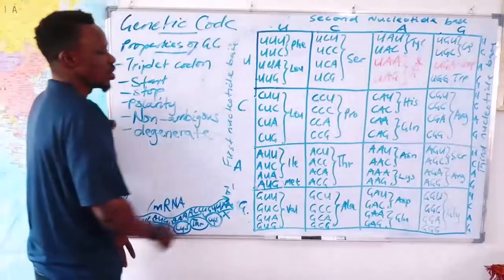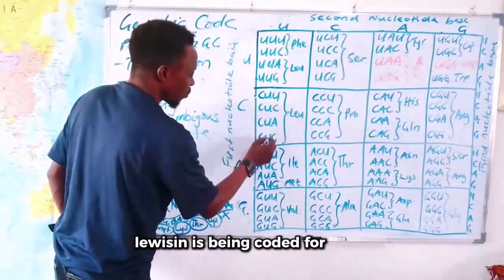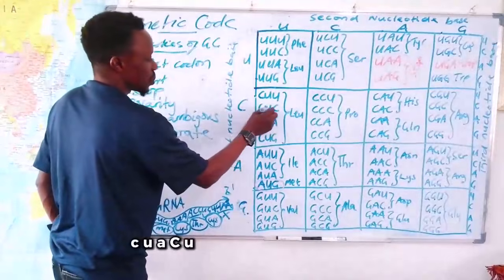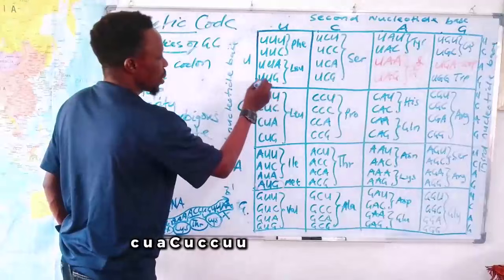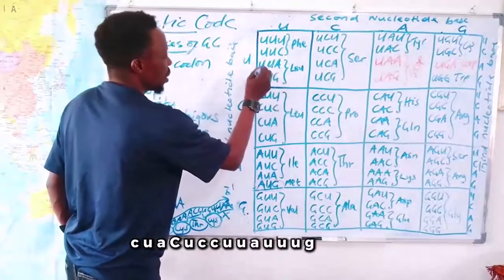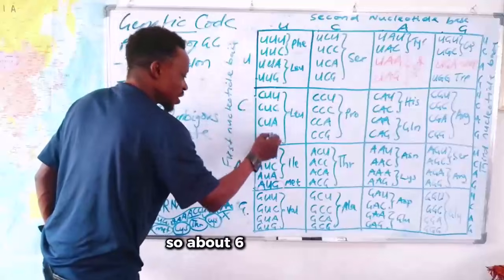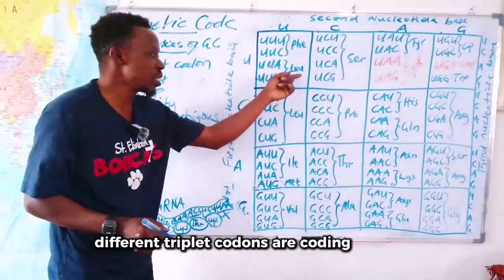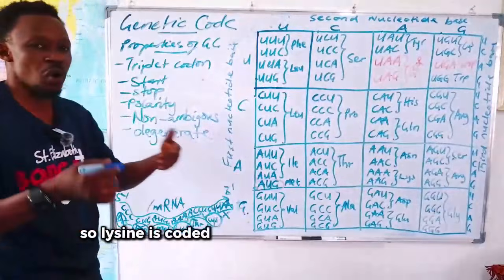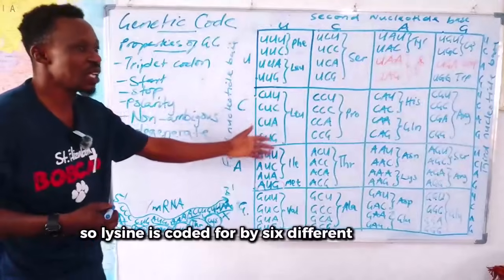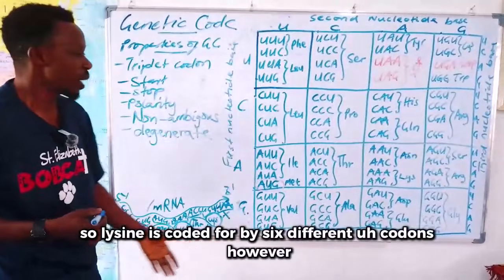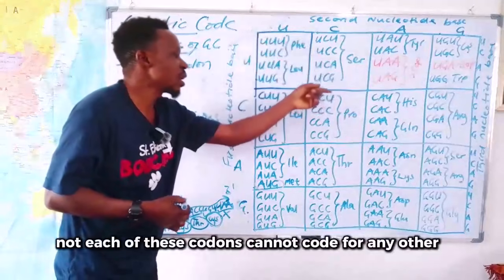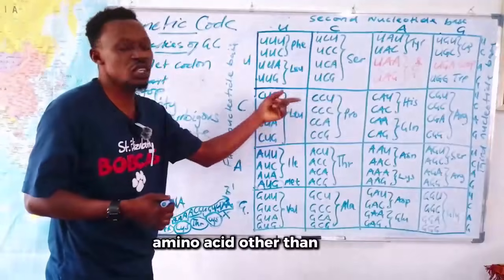Example, leucine is coded for by CUG, CUA, CUC, CUU, UUG, and UUA. So about 6 different triplet codons are coding for leucine. However, each of these codons cannot code for any other amino acid other than leucine.